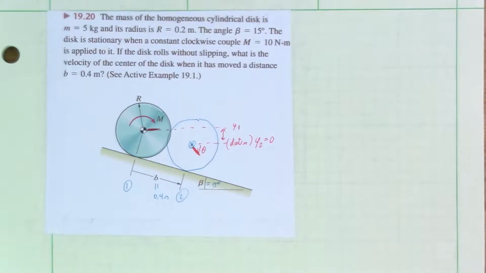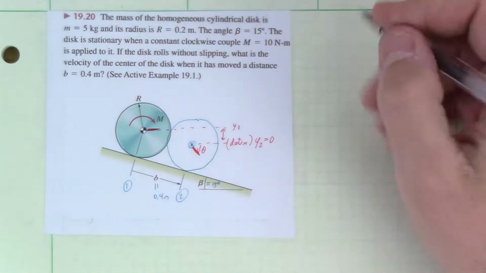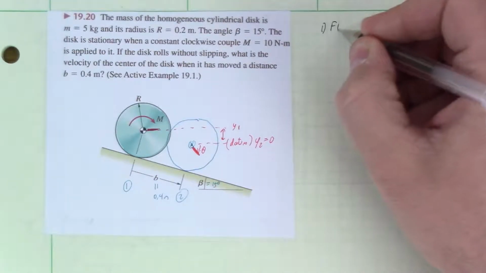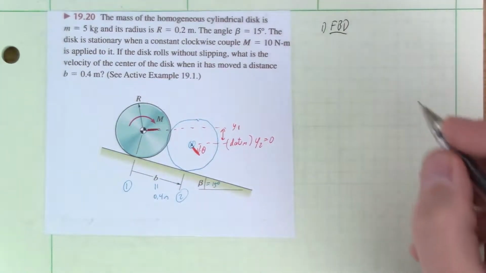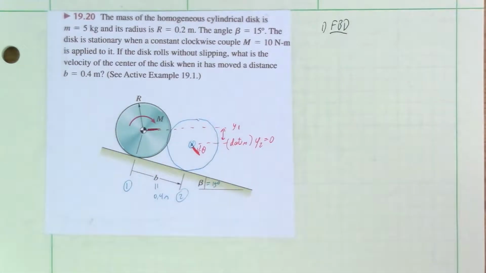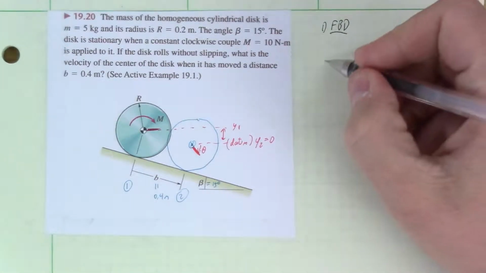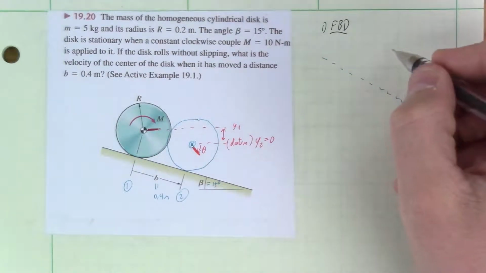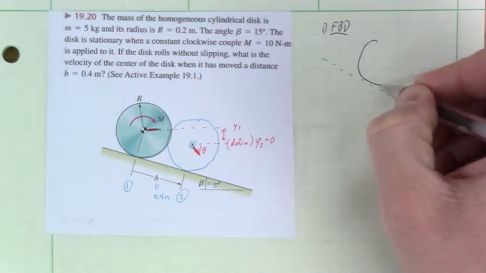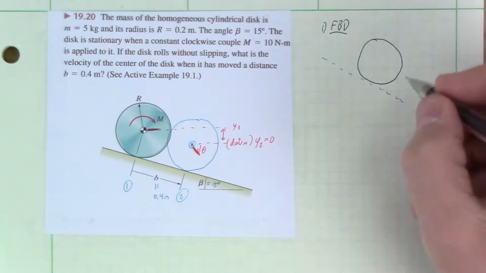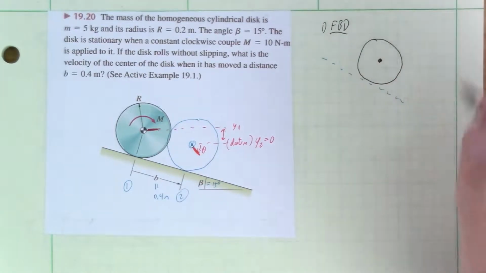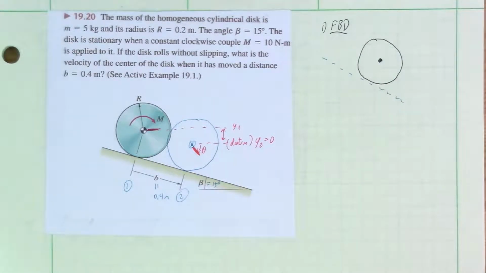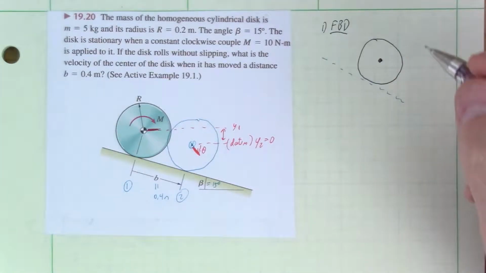So let's get through our procedure. Let's start with number 1. Let's write out a free body diagram. This is at any point along the motion. We're on the inclined slope. Here is my circular disc. There is the center of mass. And let's put on all applied forces, or all forces that are acting on this disk, and moments.